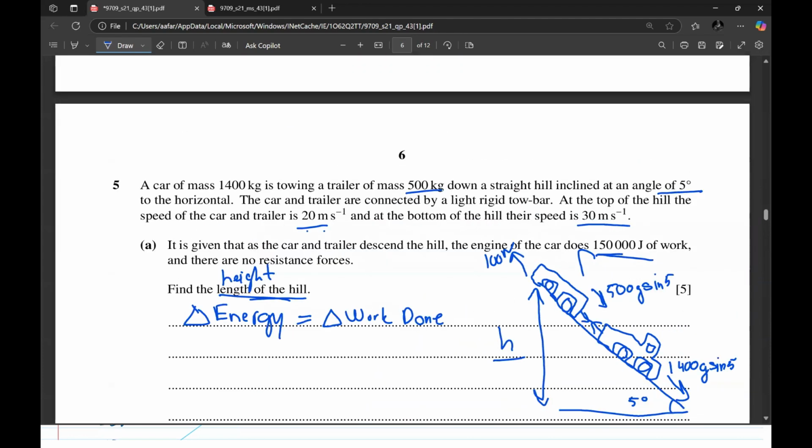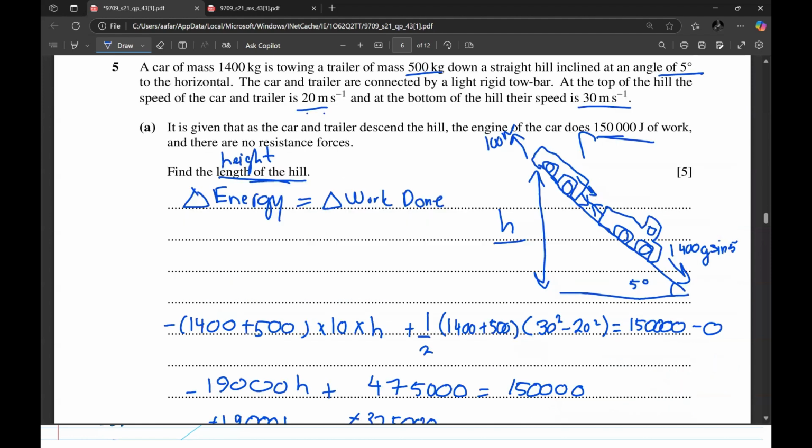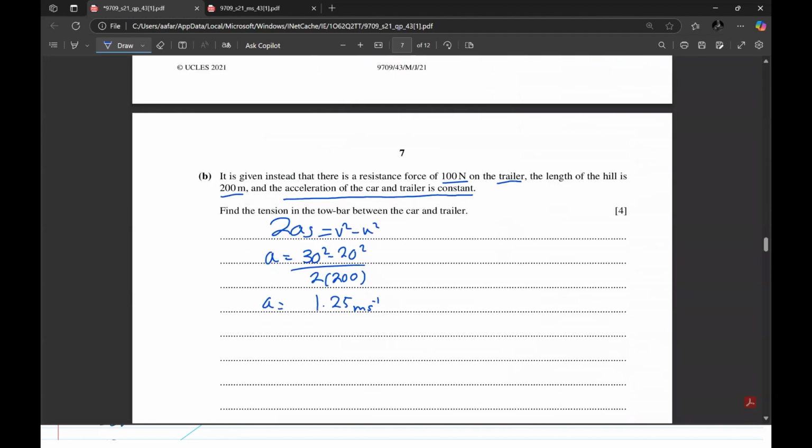So now let's take the trailer. Isolate the trailer. The forces acting on the trailer are basically its resistive force, the tension of the tow bar, and its component of weight. So you can say that the tension plus its component of weight minus the resistive force is equal to mass into its acceleration.